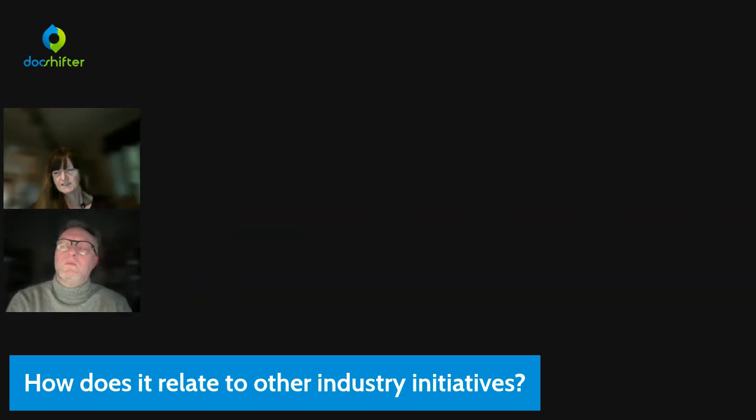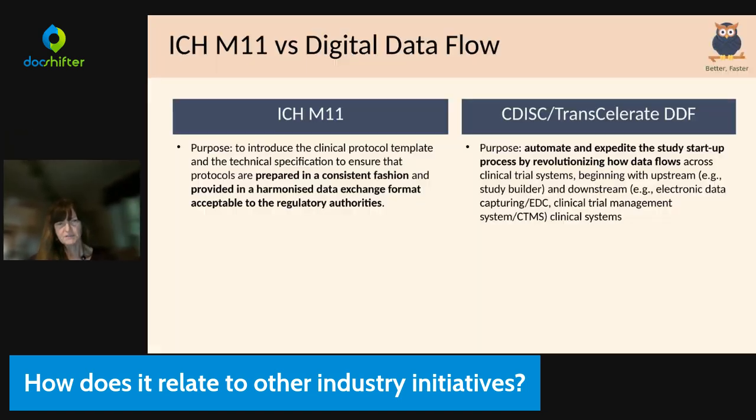So actually, ICH M11 is related to another very important initiative in industry, which is called digital data flow. Digital data flow is an initiative of CDISC and TransCelerate.